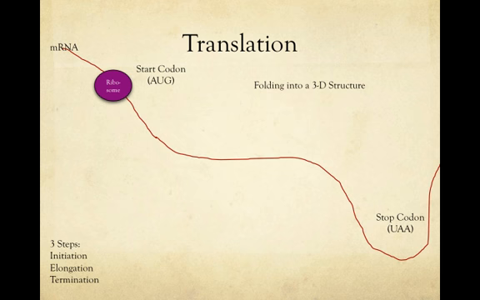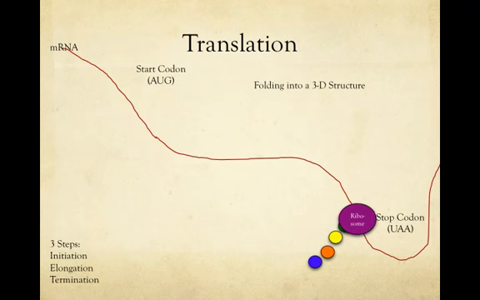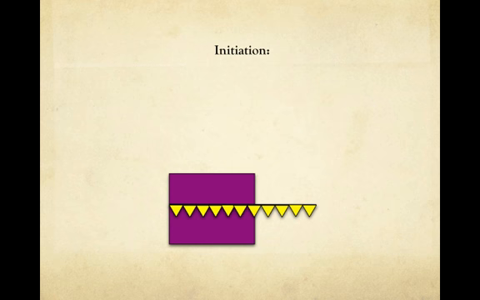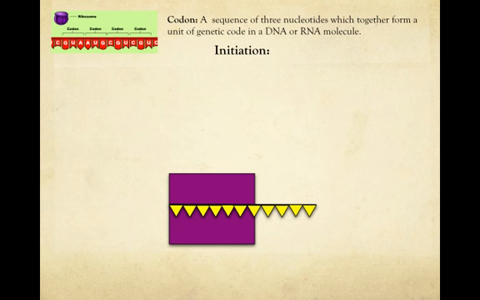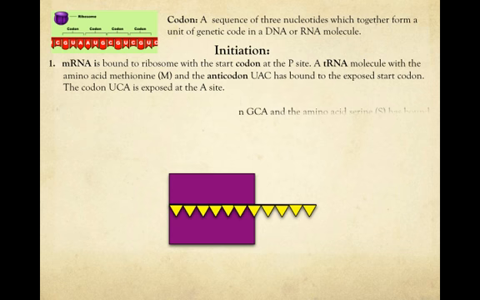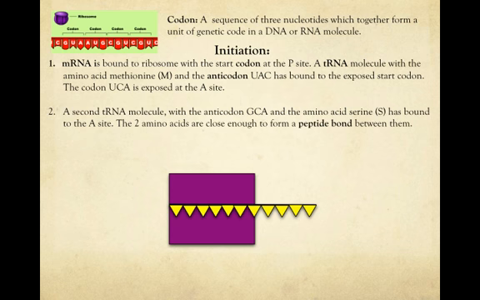Translation, this is basically a small overview of it. It has 3 steps: initiation, elongation, and termination, and it folds into a 3D structure eventually after it goes through the cycle. So a codon is a sequence of 3 nucleotides which together form a unit of genetic code in a DNA or RNA molecule. The steps of initiation: first the mRNA is bound to the ribosome with the start codon at the P site.